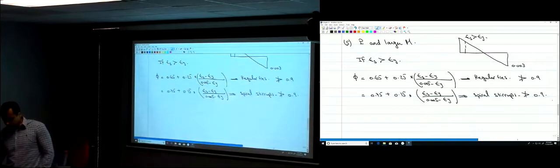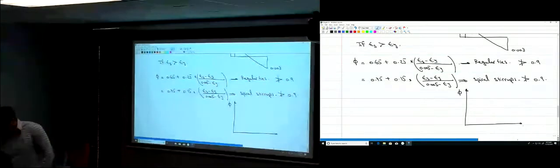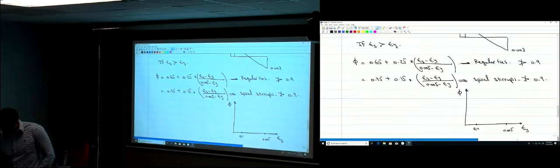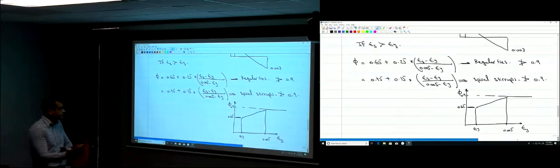If you remember that curve that we drew before, phi versus epsilon steel, this is 0.005, this is epsilon yield, here we have 0.9, here we have 0.65, and then we have this line in between.